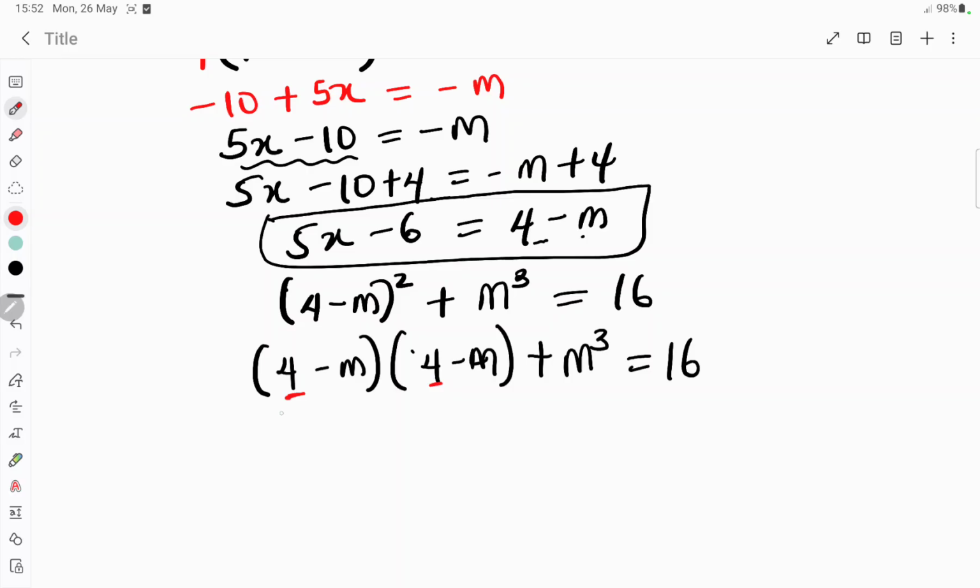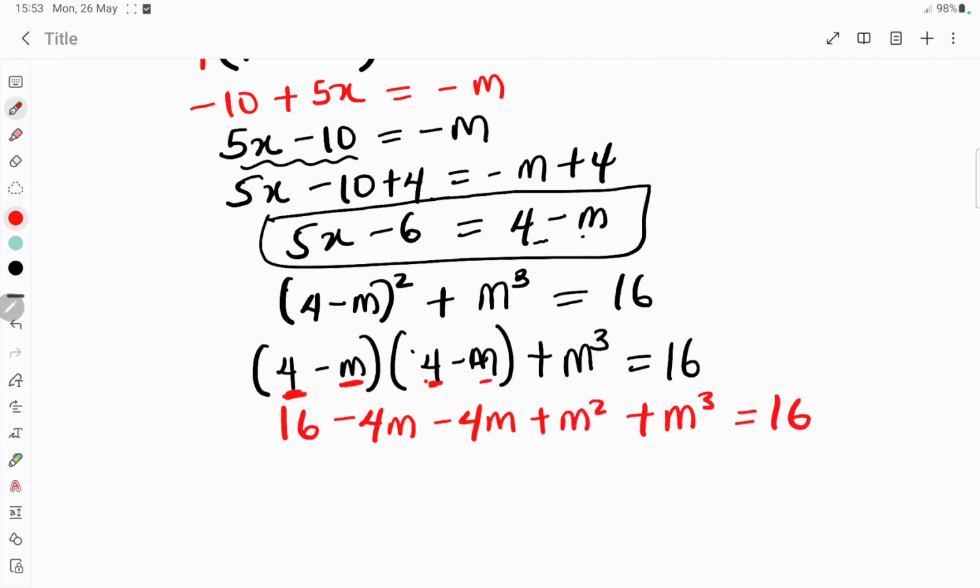Let's expand. 4 times 4 is 16. 4 times -m is -4m. -m times 4 is -4m. -m times -m is +m², then plus m³ equal to 16.